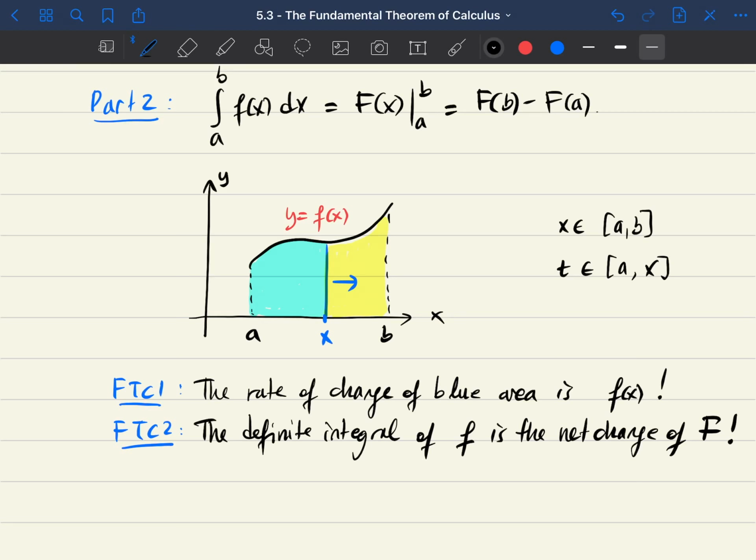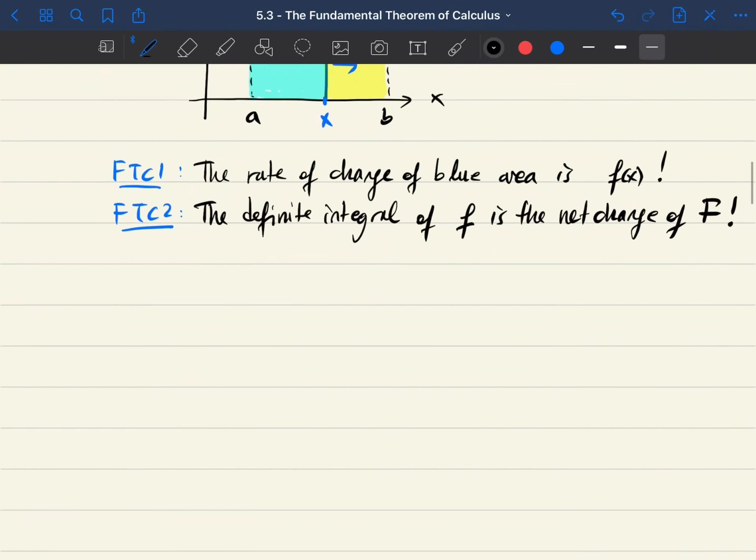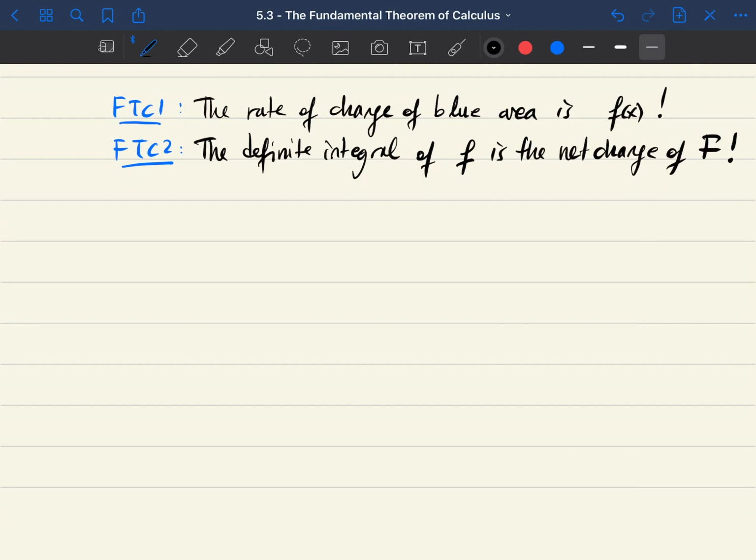All right. So now I hope this is clear. Let's do some examples. So I'll start with examples from FTC1. All right. So for example, you want to find the derivative with respect to x of the integral from 0 to x of t squared plus 1 dt.